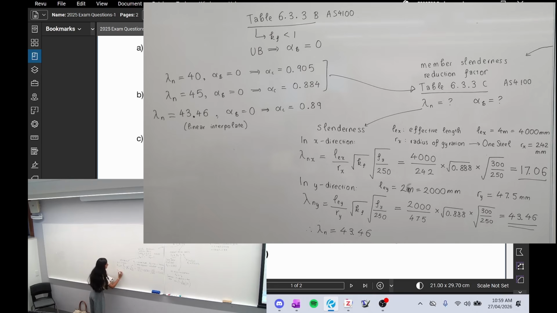So we'll just repeat this same process in the y direction. Again, we've been given the effective length. In the y direction, they've said it is 2 meters or 2,000 millimeters.